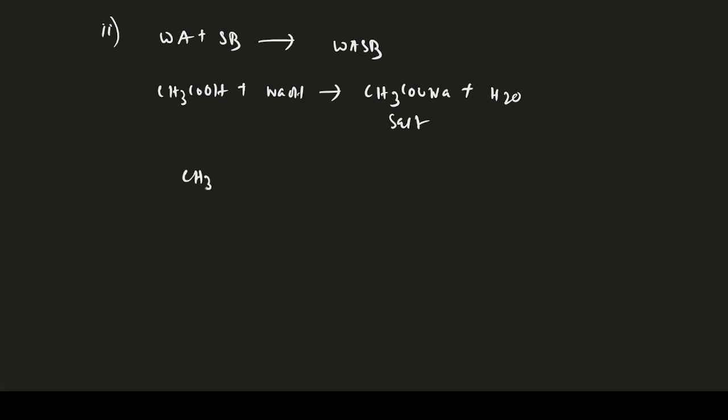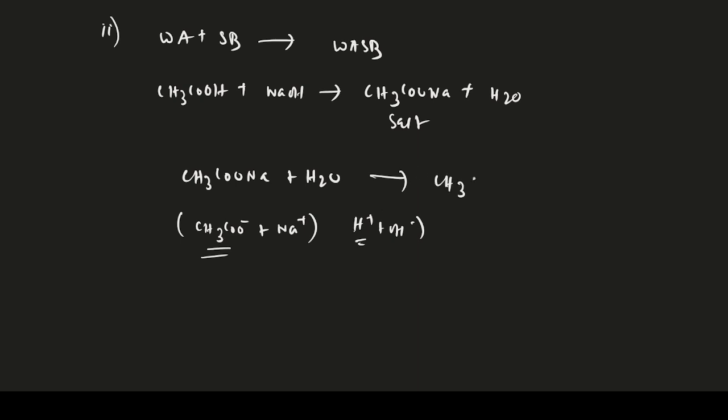CH3COONa is present as CH3COO minus plus Na plus, and water is present as H plus and OH minus. Whenever you react them, these anions will react with H plus, because negative reacts with positive. So CH3COOH will form, and NaOH will form.